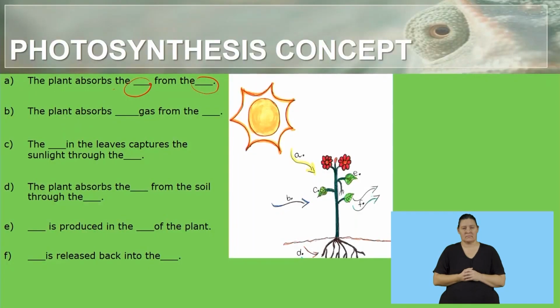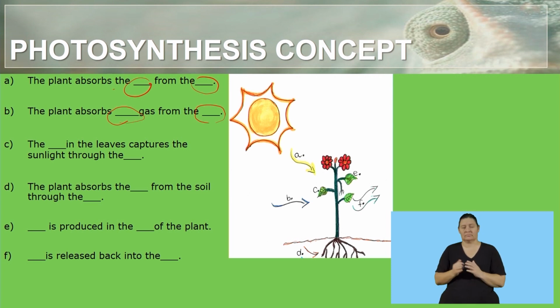Let us look at the second statement. It says the plant absorbs, again, a blank, but this time they give us a clue. They say the plant absorbs the blank gas from the blank again. So now you have to tell me what gas is being absorbed and from where does it come from?